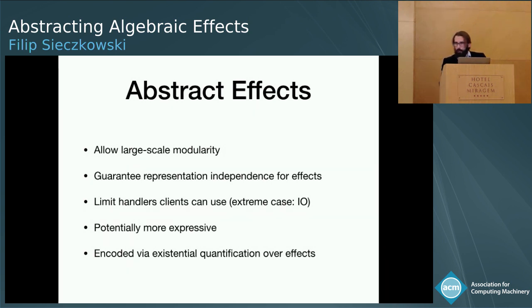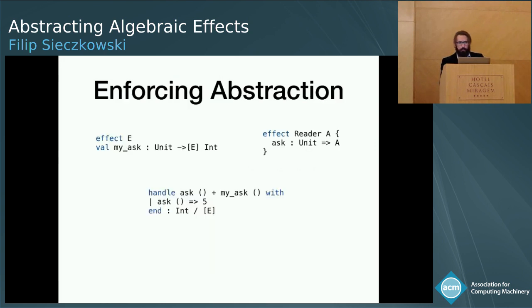And of course, there are. And these problems are intimately tied to what Yijo and Lucas talked about before me. So if we consider, again, the simple effect of reader, and now on the left-hand side here, we have some abstract effect E with an operation or with an abstract function that has a very similar type to reader, right? To the ask operation.